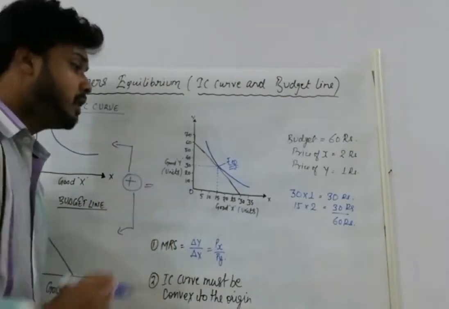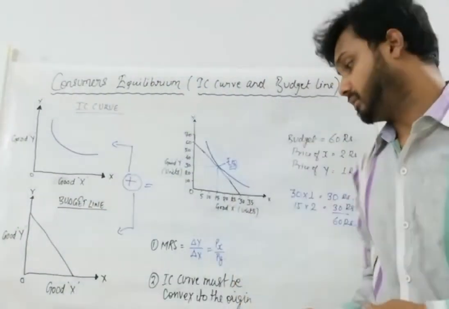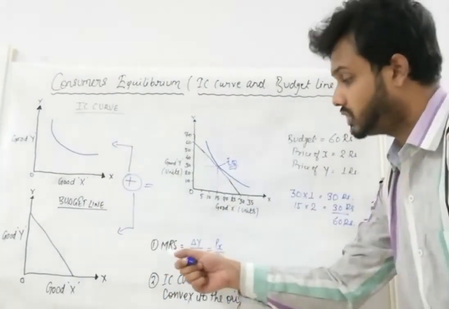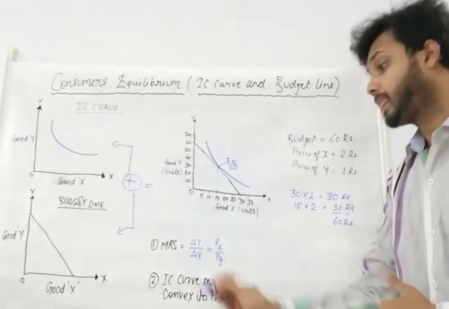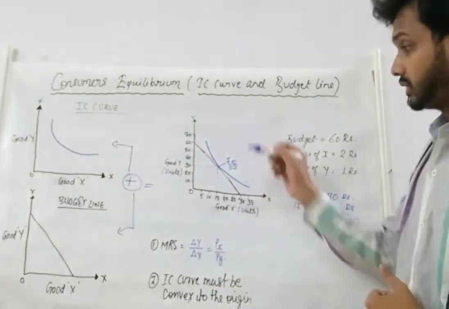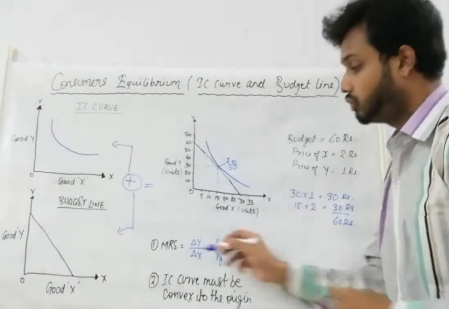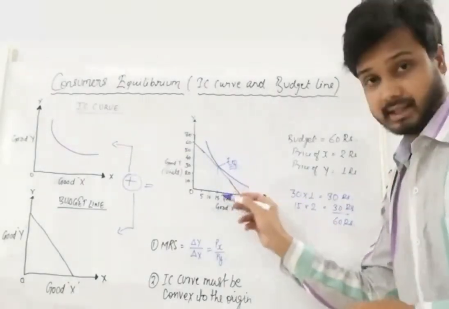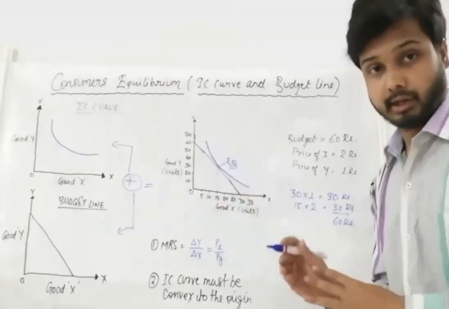For the state of equilibrium, two conditions must be satisfied. The first one is MRS, marginal rate of substitution, which I also told in the previous video. The slope of the indifference curve follows the rule of marginal rate of substitution, where one good is substituted for the purchase of another commodity.